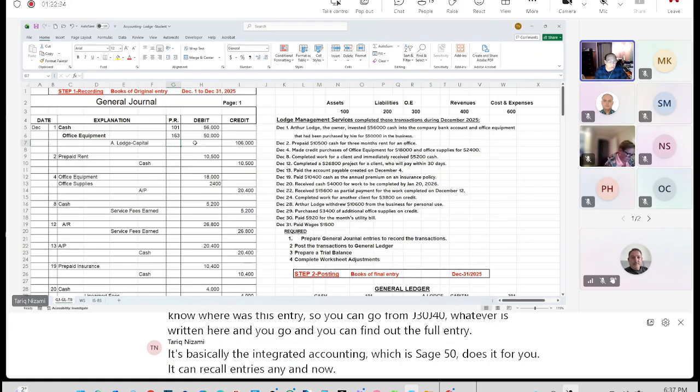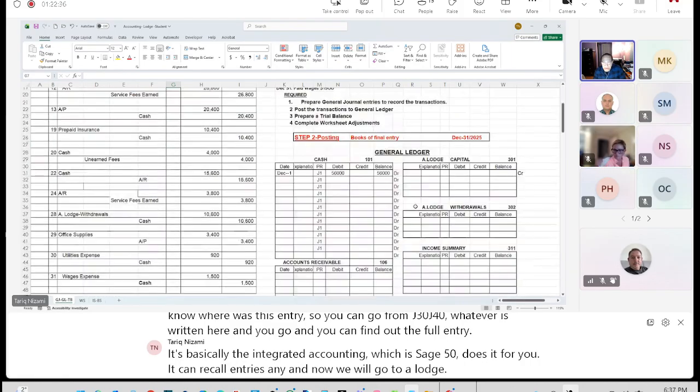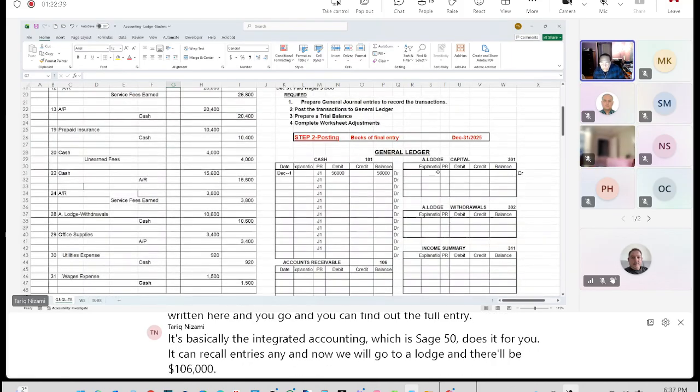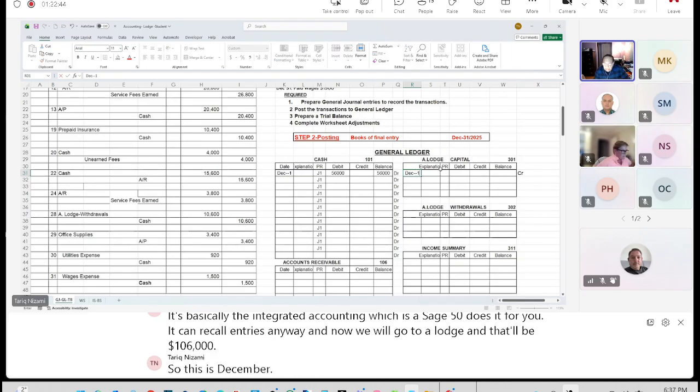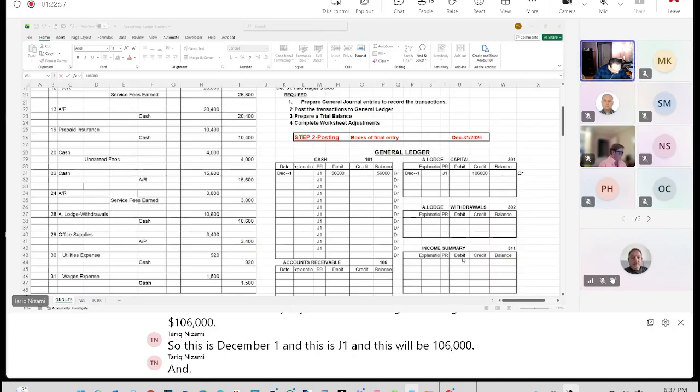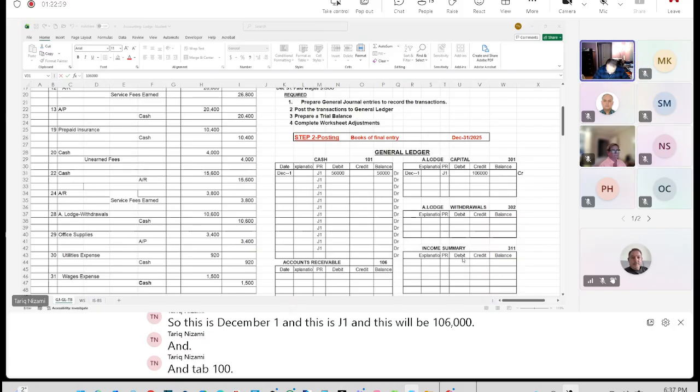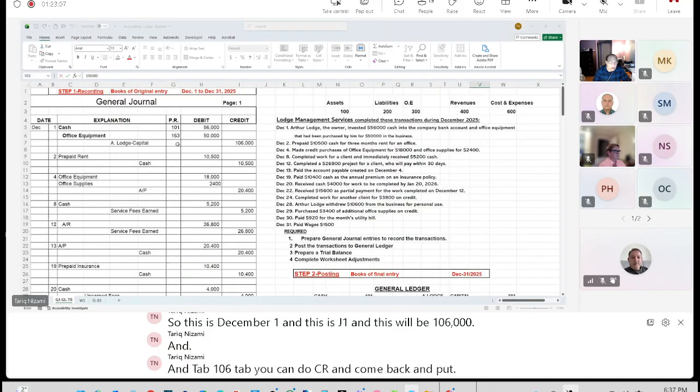And now we will go to a lodge, and that'll be $106,000. So this is December 1, and this is J1, and this will be 106,000. Tab, 106, tab, you can do CR and come back and put 301. Okay.